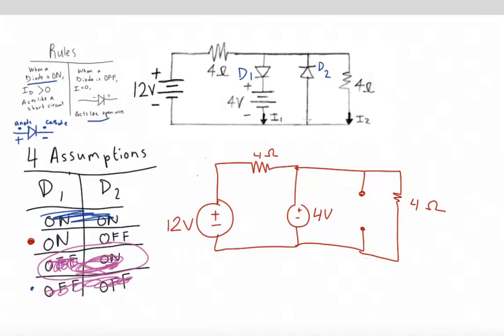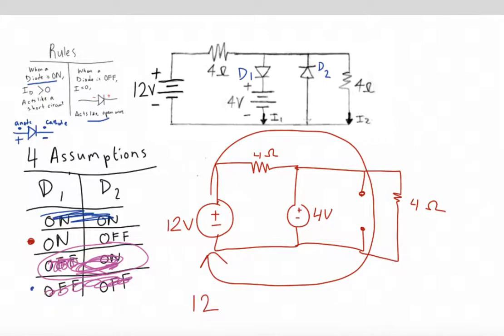If we run a loop around this right here, what do we get? We get 12. The current across the 4 ohm resistor is 0 due to this open. Or not necessarily, we have to find the current going through this branch. Not necessarily is 0.